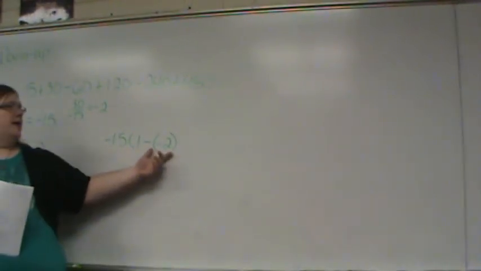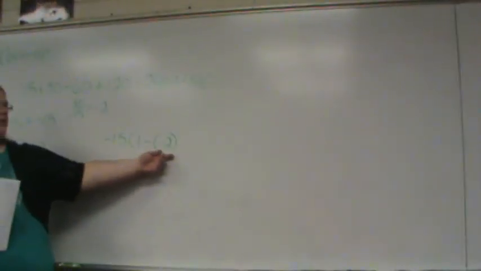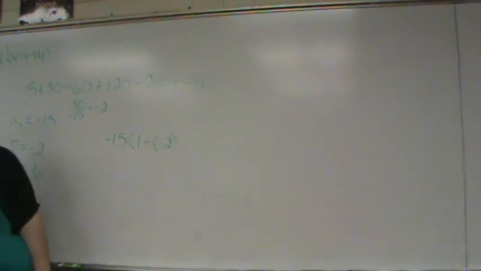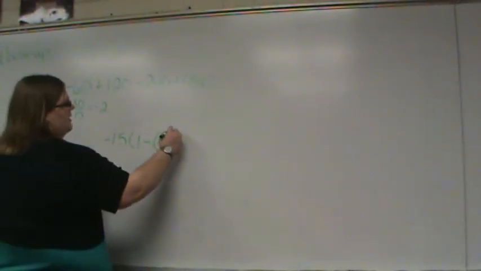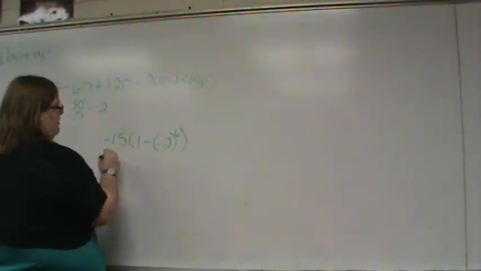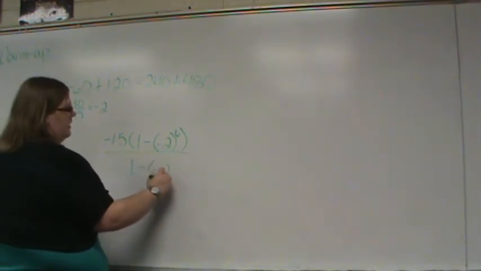If you don't put it in parentheses, you're not actually taking negative 2 to that power. You're taking 2, and then making it negative. So make sure you're using parentheses. And this is raised to your N value, which was 6. And then we have 1 minus, again, our negative 2.